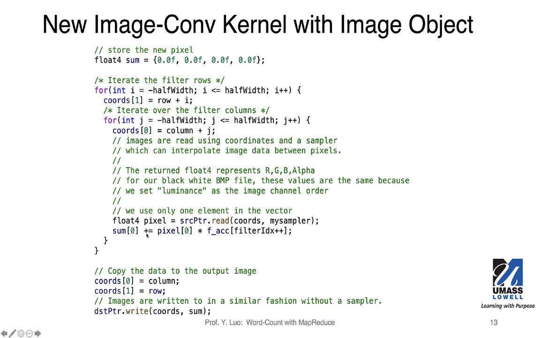And next, this read function will return a vector of 4 floating point values, and this pixel represents the values of the 4 channels.